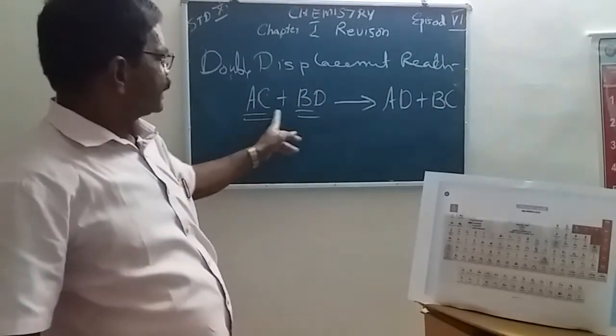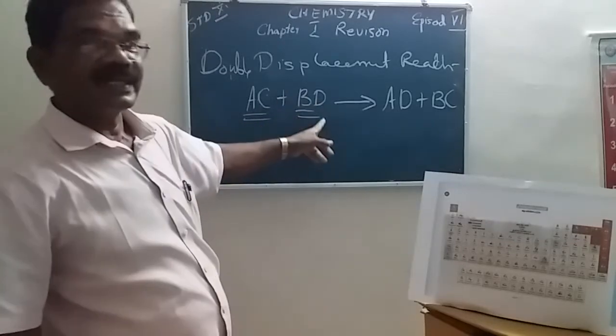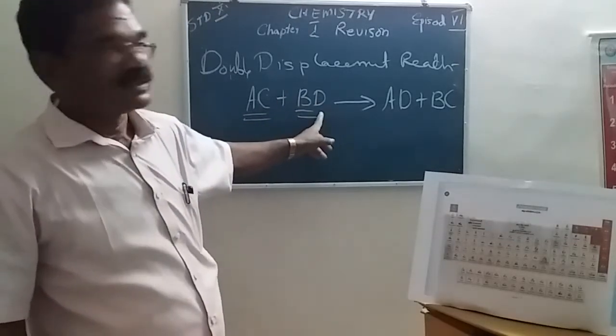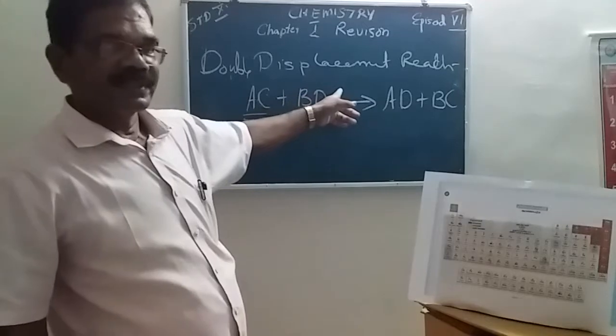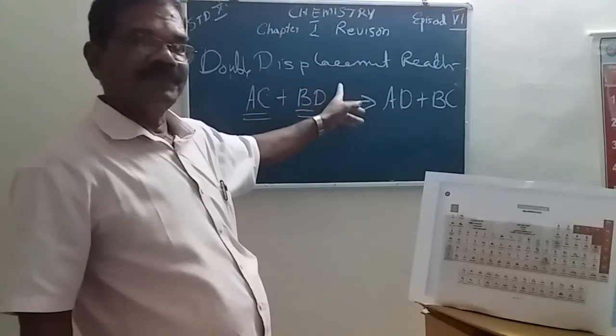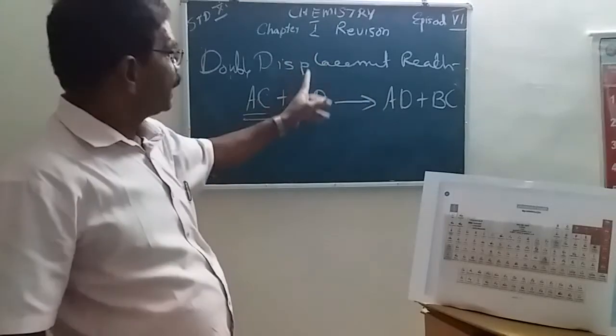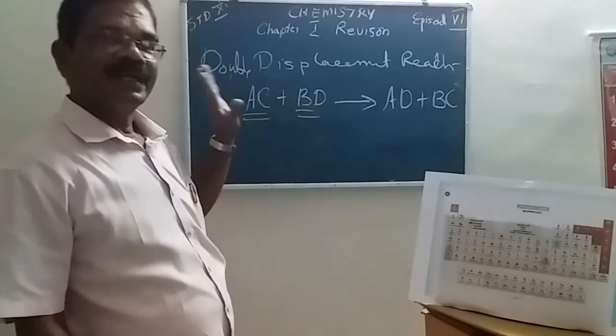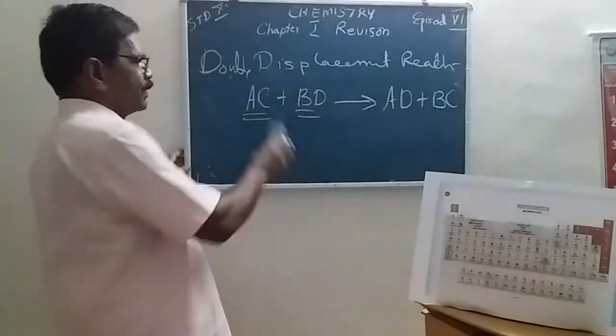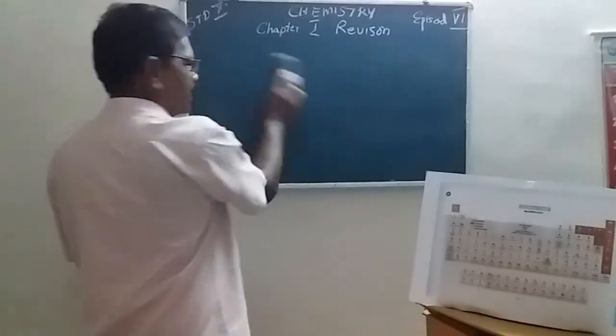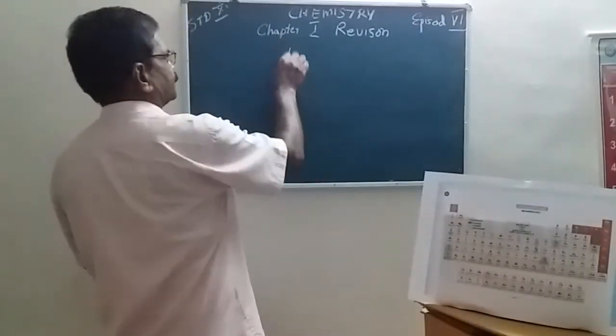The two reactants exchange their components. This is known as double displacement. In the case of displacement, only one of the elements of the reactant is displaced. In double displacement, two components are displaced. That is the only difference. Then you have to go to the redox reactions.